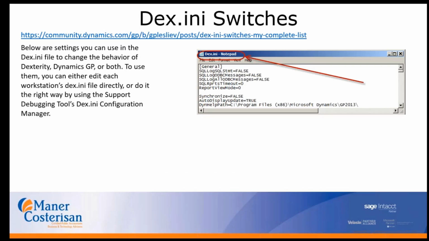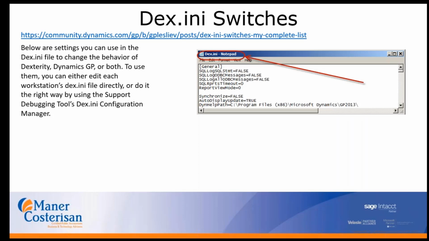Dex.ini Switches. So the Dex.ini, if anyone's familiar with GP, you have your dynamics.set, which tells you where to look for the reports. And then the Dex.ini helps to control how to troubleshoot, how to synchronize. A lot of times we'll use the Dex.ini, those first three statements, the SQL log, the SQL ODBC messages, and the SQL log all ODBC messages, and we'll turn those to true.